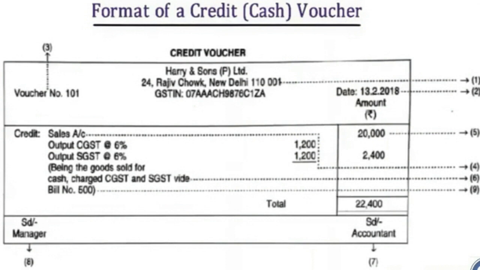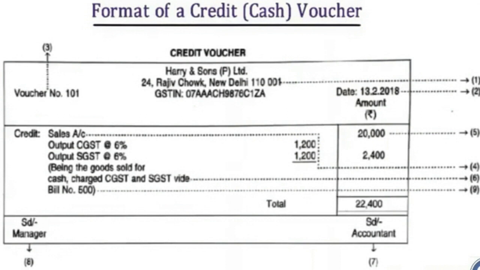In the first number, we have written the name, address and GST number of the organization, date of preparing the voucher, and accounting voucher number. In the fourth number, we will write the account to be credited. Which account is going to be credited?